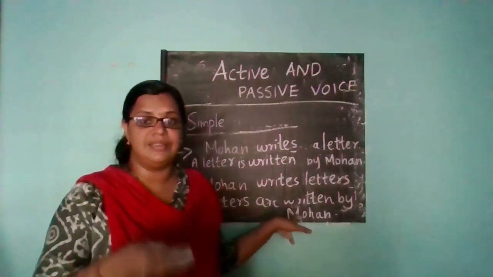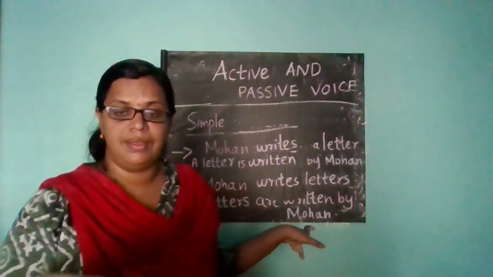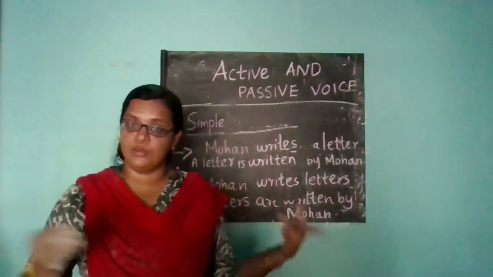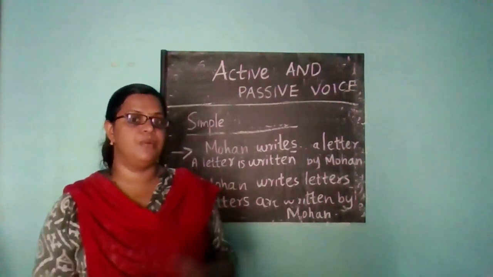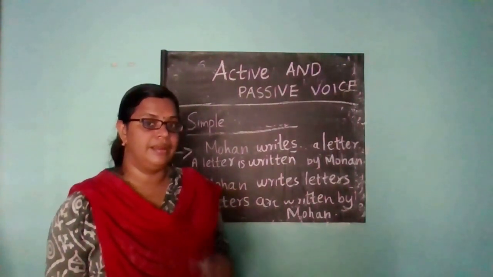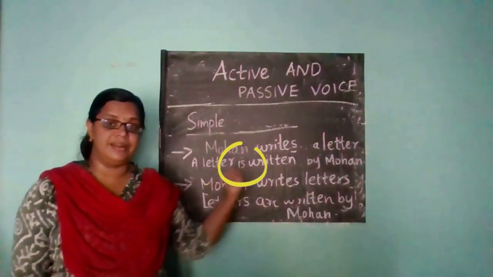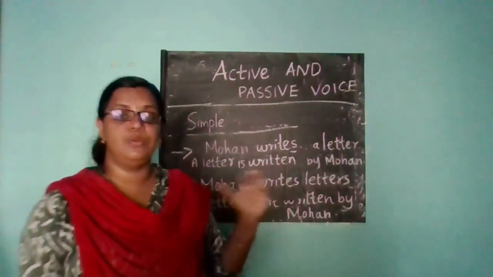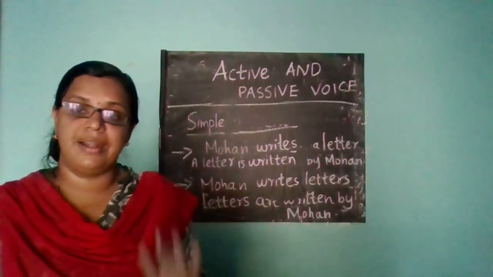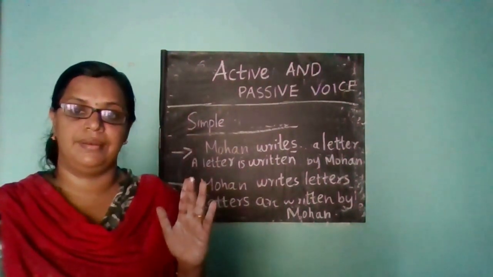You can use is, are, am according to the subject. If the subject is singular, you can use is. And if the subject is plural, you can use are. Okay, clear? A letter is a singular subject, so you can use is. Then V3. A letter is written by Mohan.